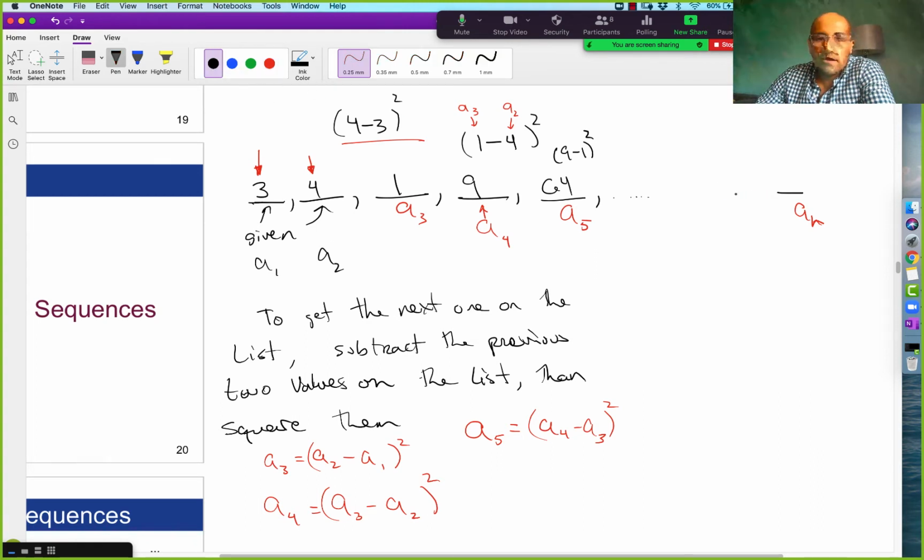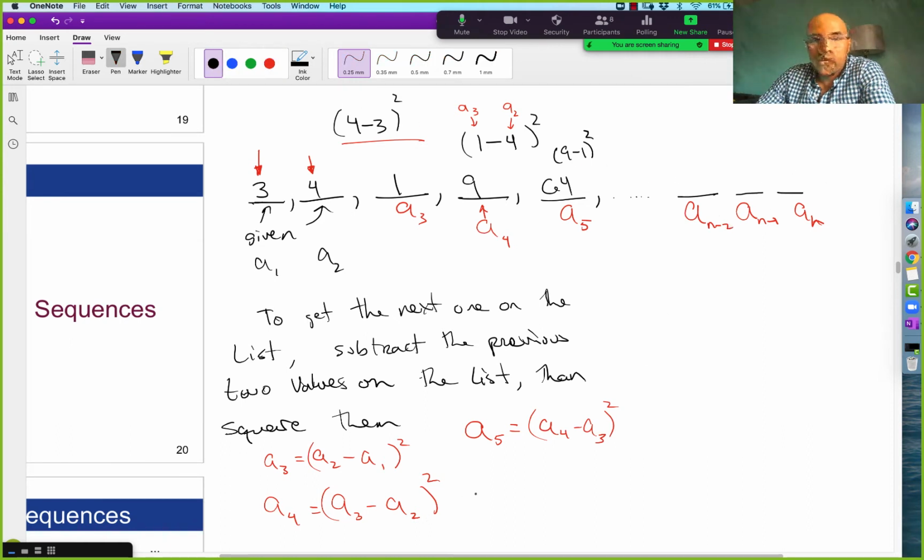And so sticking to my notation style, these are the counting numbers. So if that one is the a sub n, the one that came right before it would be the a sub n minus 1 location. And the one that came right before that would be the a sub n minus 2 location value.